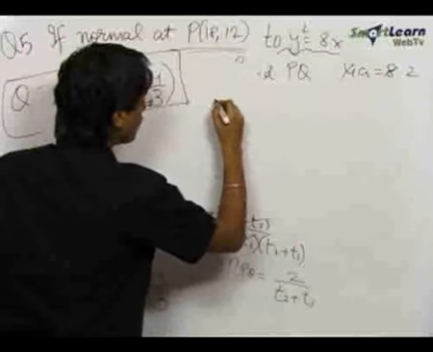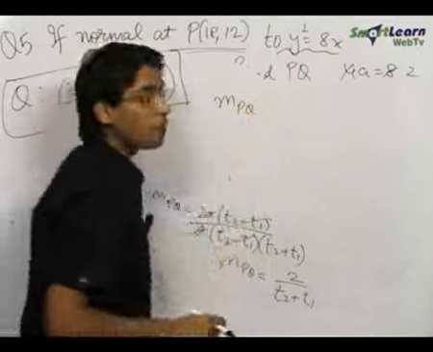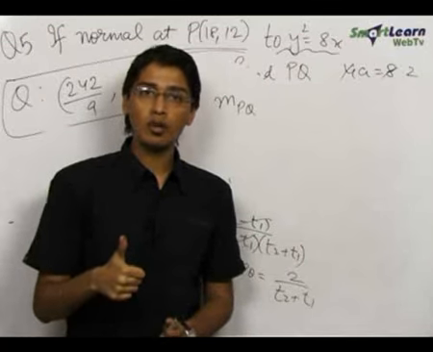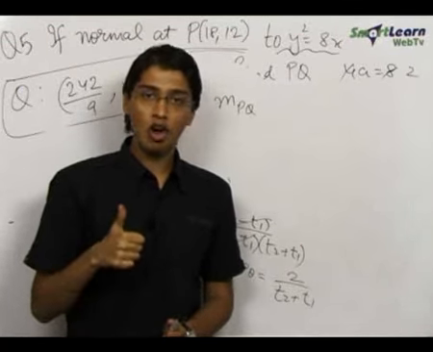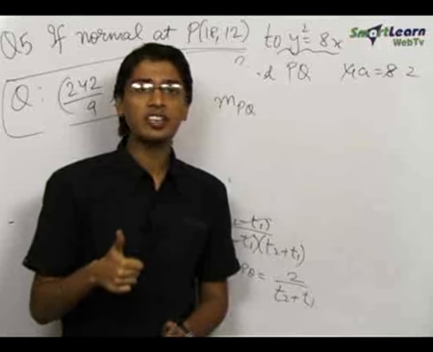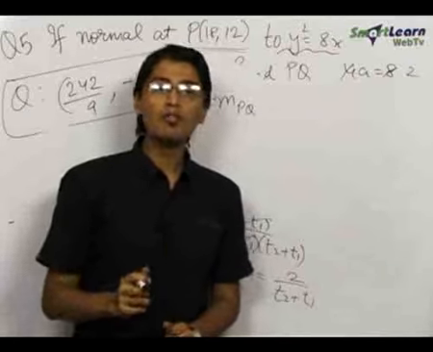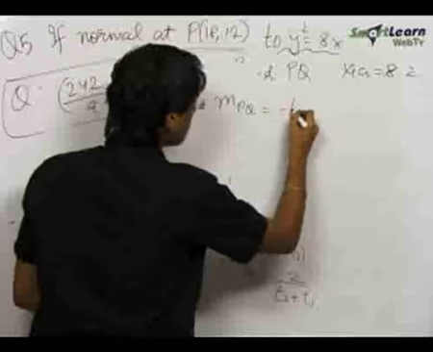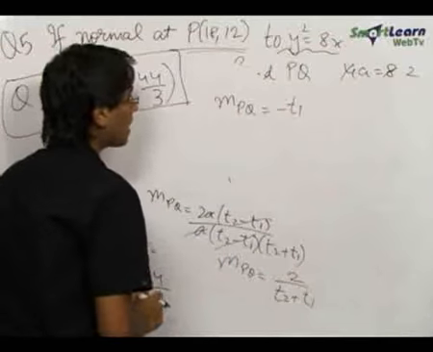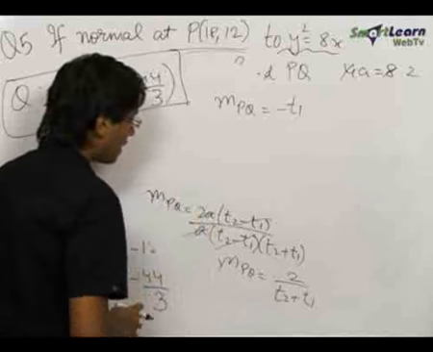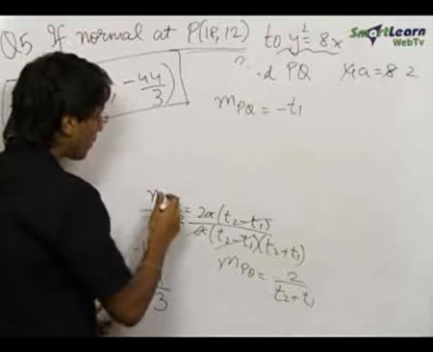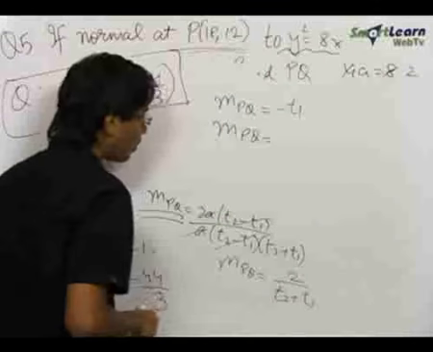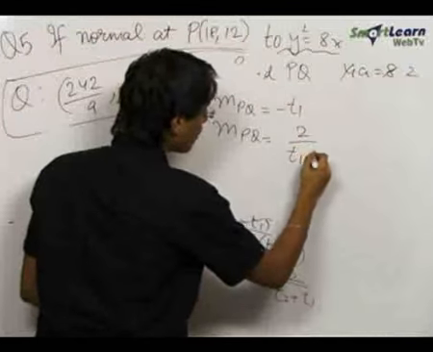So the slope of line PQ we found out in 2 different ways. First, PQ is acting as the normal for the parabola y square is equal to 4ax. So we found out the slope of the tangent by differentiating the equation. Then the slope of the normal will be the negative reciprocal of that for the tangent. Hence we found out the slope of PQ as minus t1 by the normal method, and then since PQ is satisfied by the points P and Q, we found out the slope of PQ by the 2-point formula as 2 upon (t1 plus t2).